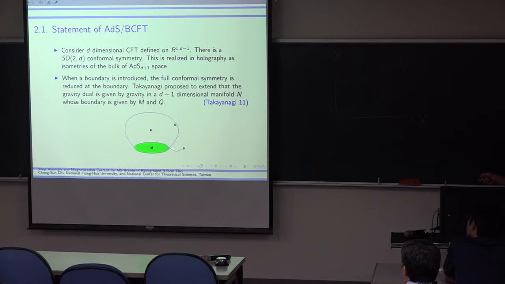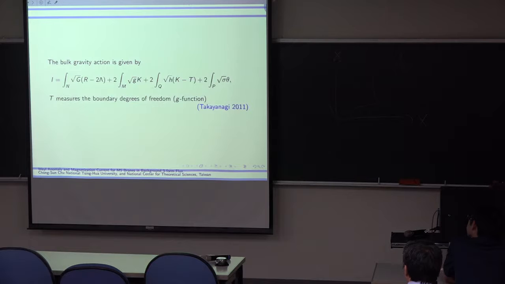This is a so-called junction in the gravity literature. This discontinuity in the normal we have to fix also. So to have a well-defined construction of the action, one needs a junction term, so-called. And then Takayanagi also put in this T, which is like a mass term. It's a free parameter which is allowed and doesn't spoil anything.